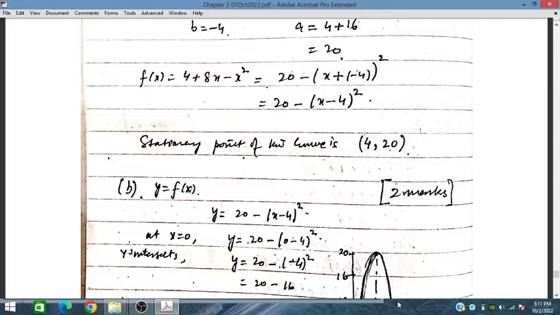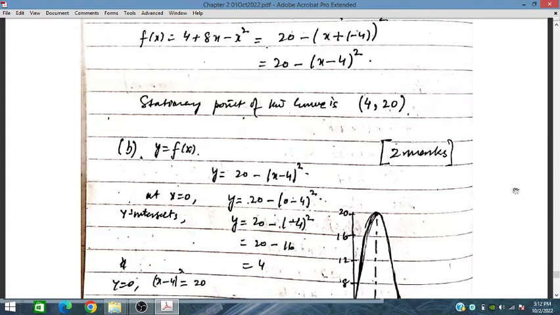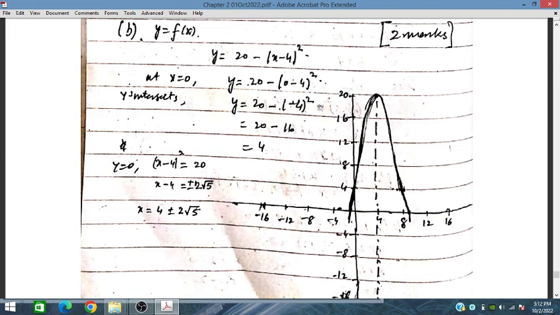For the same problem, we have the b value, and we have this curve. This is 20. This is the shape. We have to find the shape of the curve at x equal to 4. This will give you a maximum value of 20.